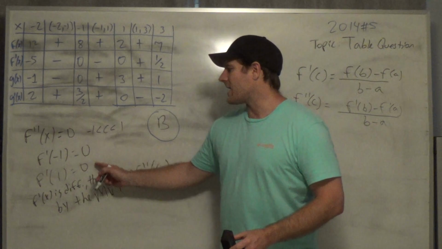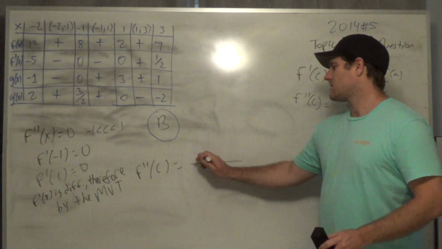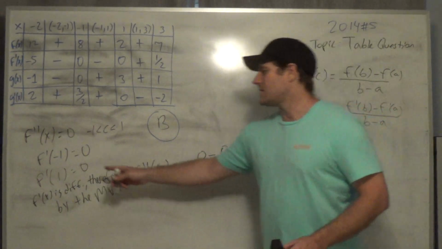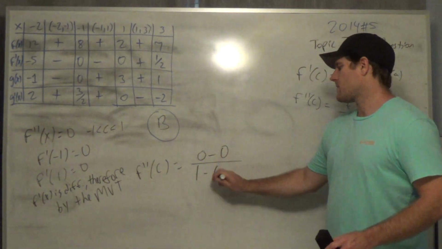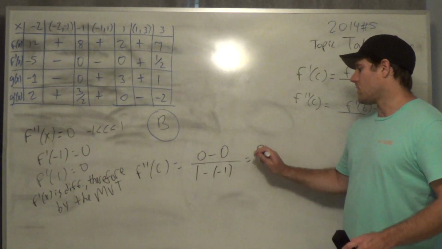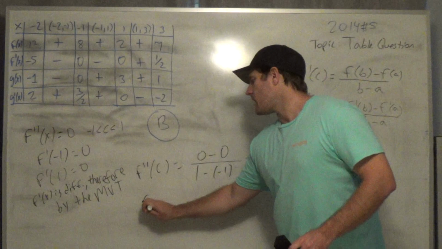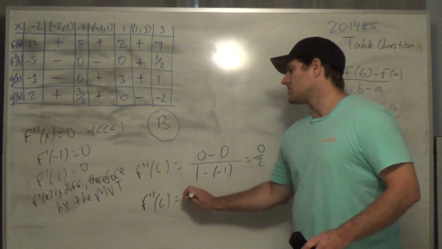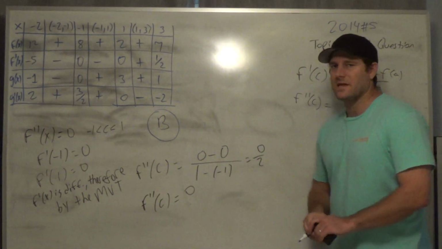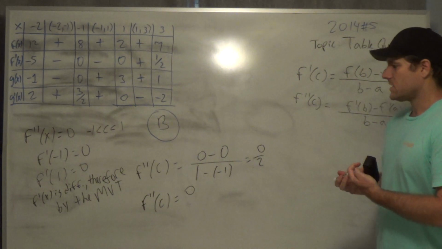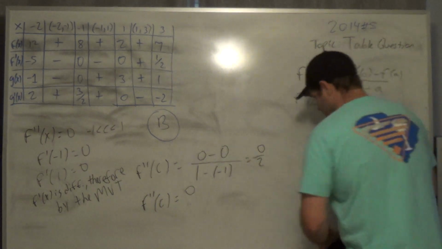So these are the y's for f prime x, and then these are the x's. And you'll notice you get 0 over 2, so f double prime c must equal 0. And that's the end to that question. That's part B. Now let's go look at part C.